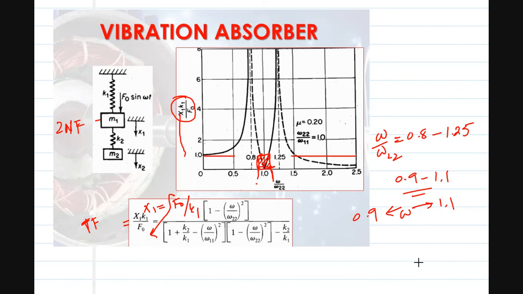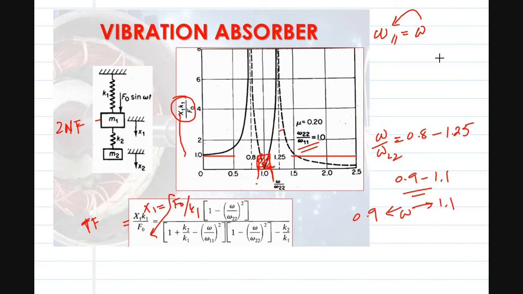But if the system is at resonance, the most important thing here is that omega 2 to omega 1 is also 1, which means your omega 1 is also equal to omega, clear? Which means your actual main mass is also resonating with the forcing frequency.